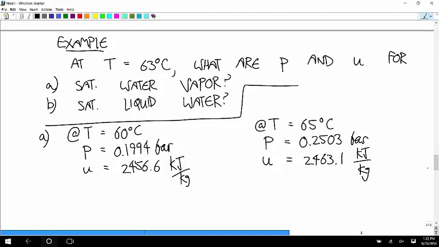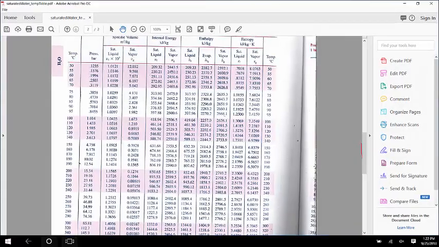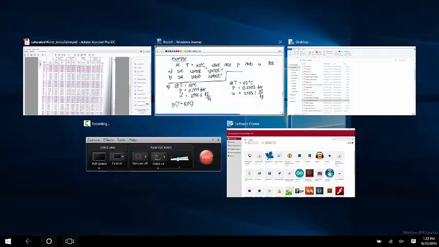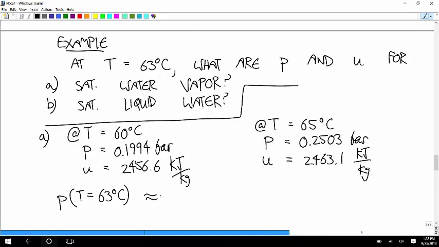Okay, so first we'll do the pressure. The pressure at a temperature of 63 degrees Celsius, we're going to approximate that as the pressure at state 1 at the lower temperature, plus the later pressure, or the higher temperature pressure, minus the lower temperature pressure.